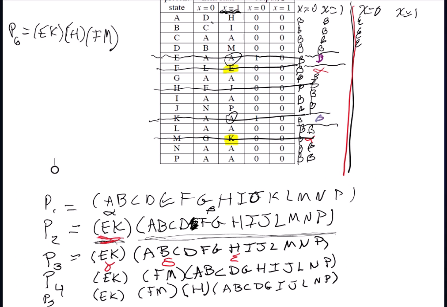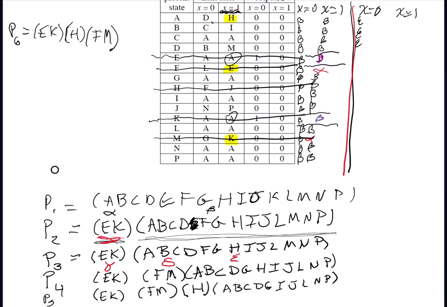Now notice that we have this big group here, A, B, C, D, G, I, J, L, N, P. If the 1 successor is one of those, it's going to stay in that group. But if it's one of these other ones, E, K, F, M, or H, it's not going to be in that group. So that's really what we want to be looking for. So I'm going to be looking to see if anybody has a 1 successor that's E, K, F, M, or H. So let's look at that.